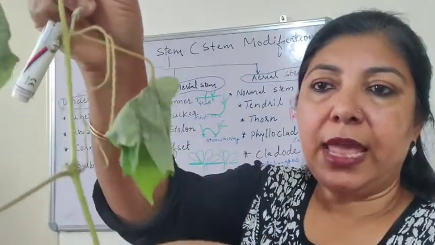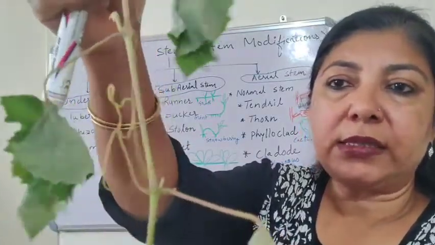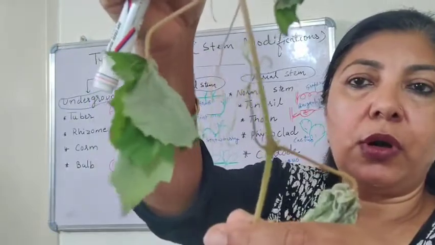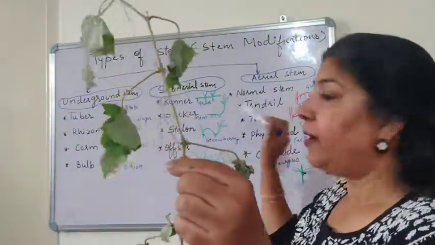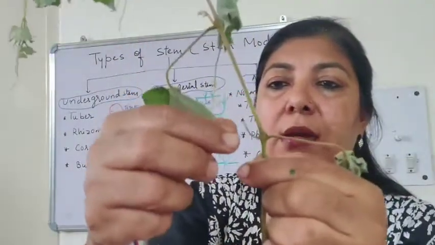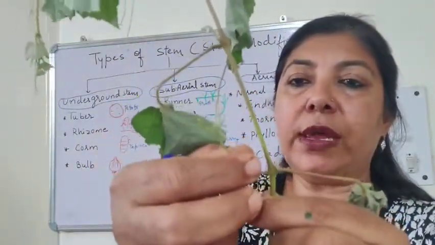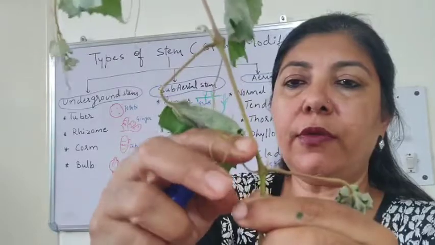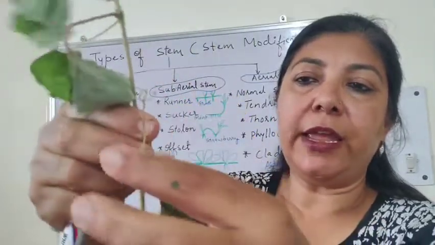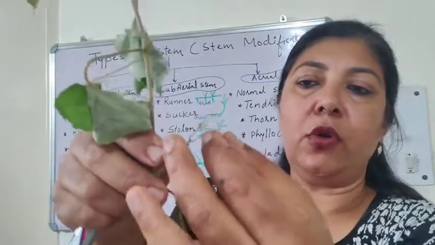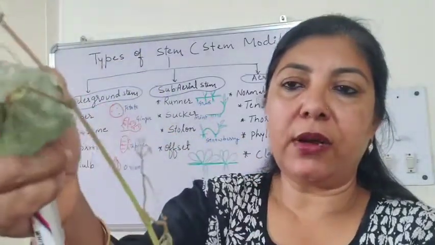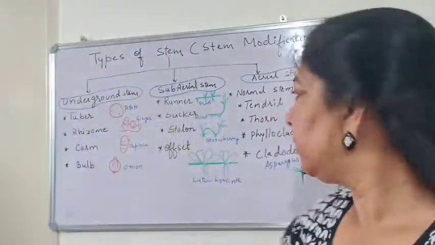In fact, they grow some spring-like structures to hold and support the stem. So these are called tendrils. They are stem modifications. Instead of growing a branch, sometimes these spring-like structures are there to hold the plant.